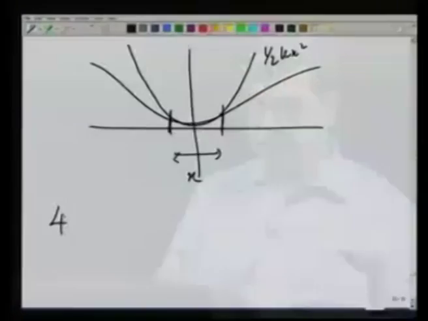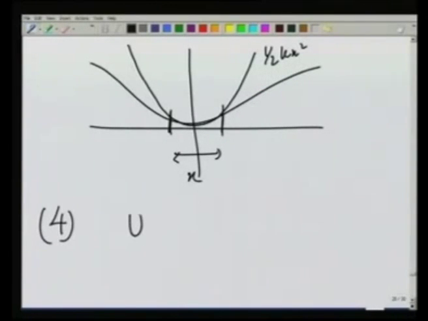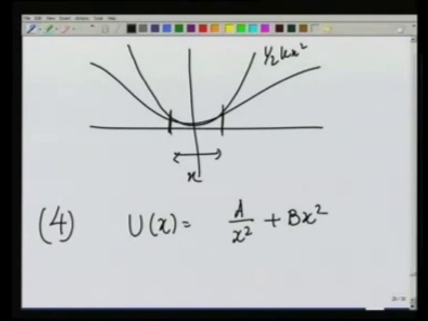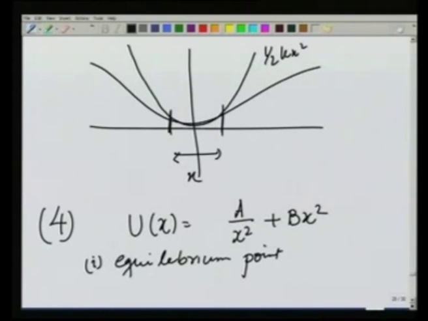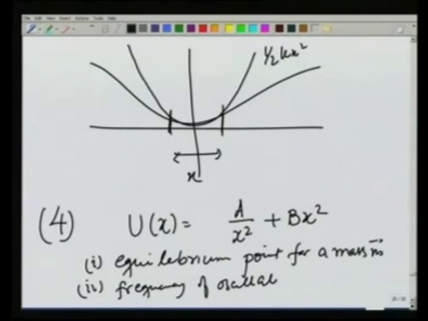As a fourth example, I would like you to consider a potential of the form A over x square plus bx square, and calculate the equilibrium point for a mass m, and calculate the frequency of oscillation when you displace this mass from the equilibrium point.